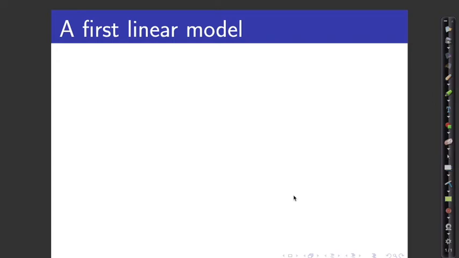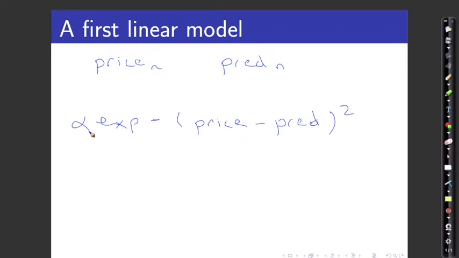Well, we actually know what the price is for a given house, and we also know what the predicted price is for a given house. And if our model is good, then the likelihood of that difference should be small. Now, the likelihood is proportional to this. We want to make the likelihood as big as possible.